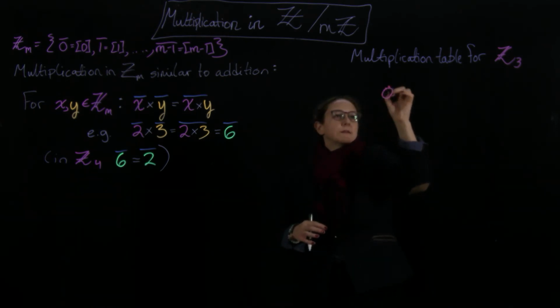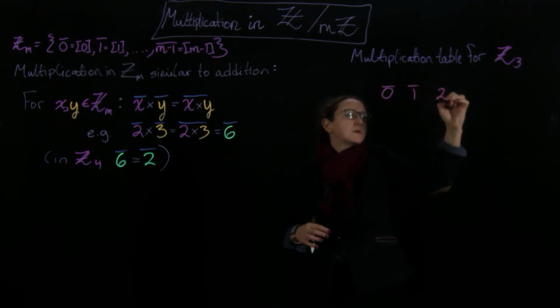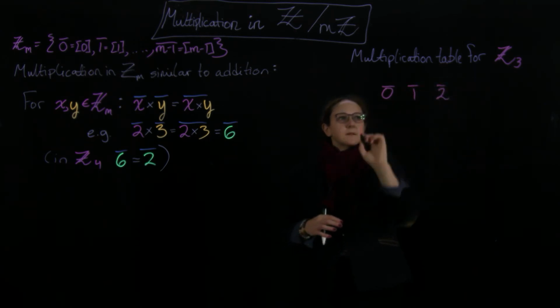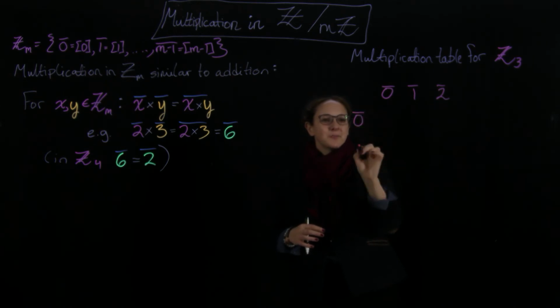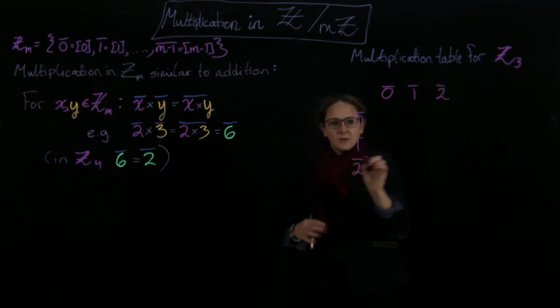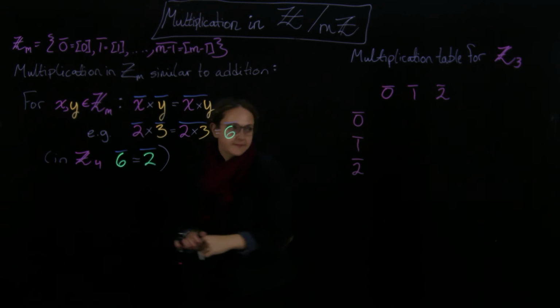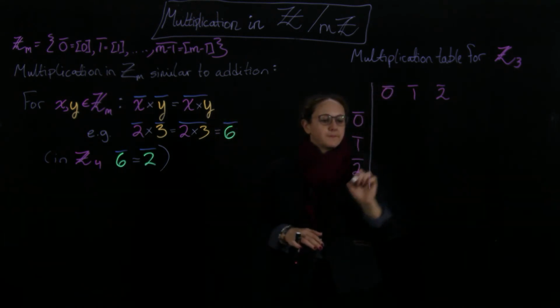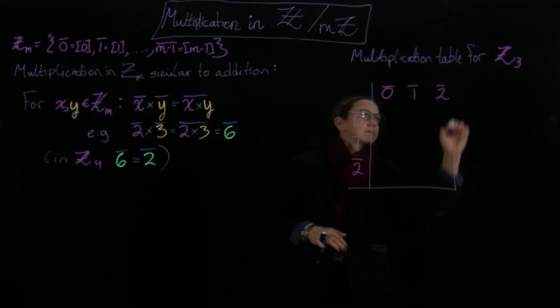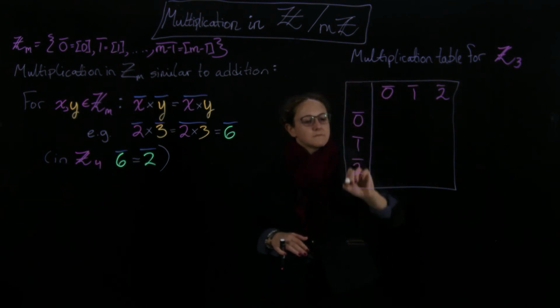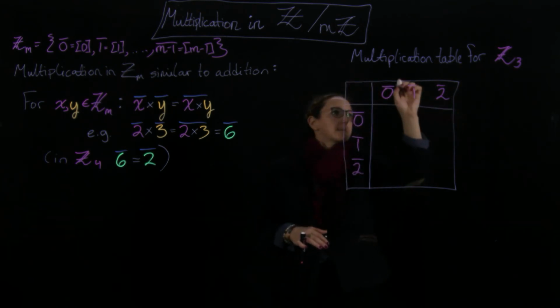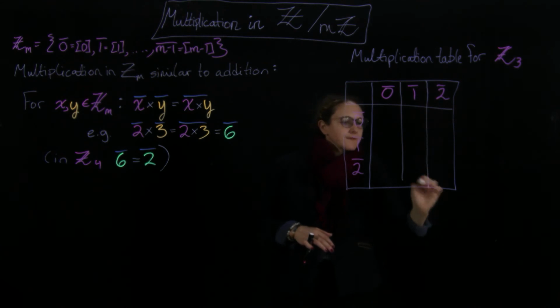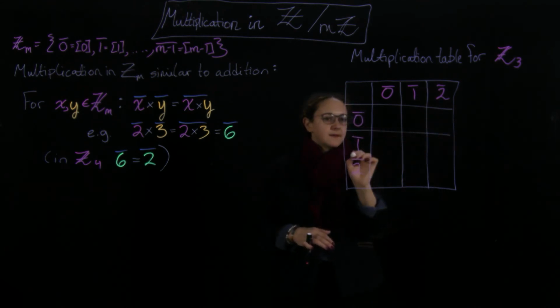This time I feel like going 0 bar, 1 bar, 2 bar. That's all we need. 0 bar, 1 bar, 2 bar. And this one's much smaller. I feel like I got a little slicker at this since the last video.